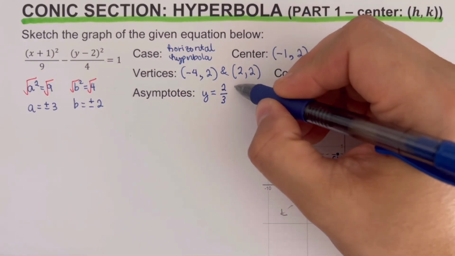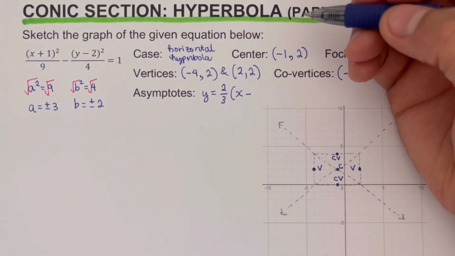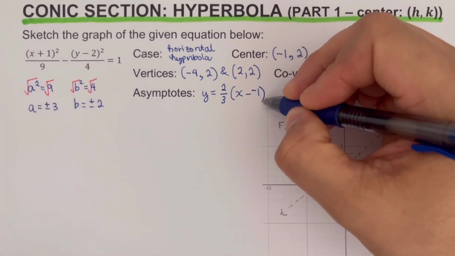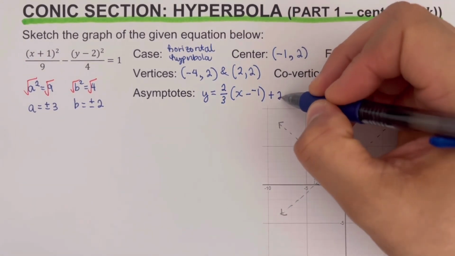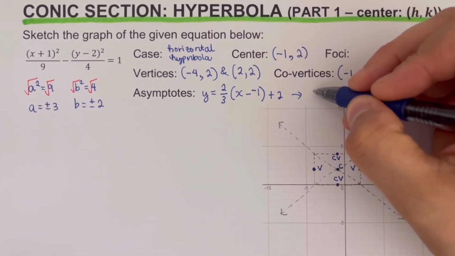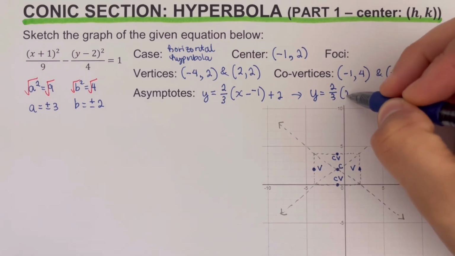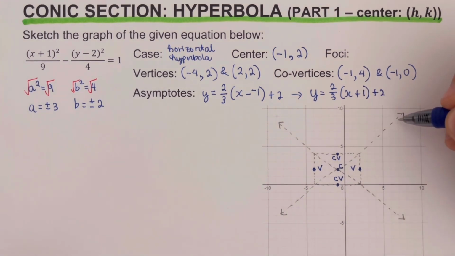Again, that is equal to x minus our h, which is negative 1, so x minus negative 1. And then we have a plus k, which is 2. So I'm going to write 2. Simplifying this, it comes out y equals 2 over 3 x plus 1 and then plus 2. So this is the equation of this asymptote right here.